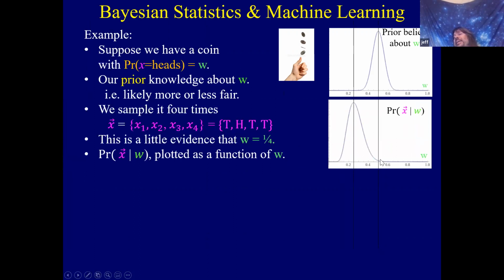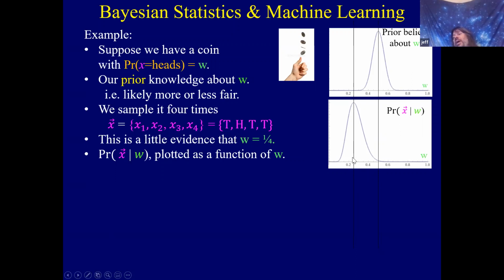So what we're plotting here is a funny graph. The horizontal axis is all the various values of W, just like this was all various values of W, and we're plotting what's the probability that we got this W. Here we're plotting all various values of W, and we're plotting what's the probability that we got a tail, a head, a tail, and a tail.